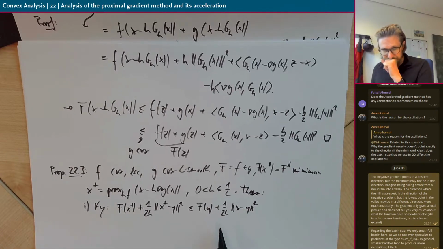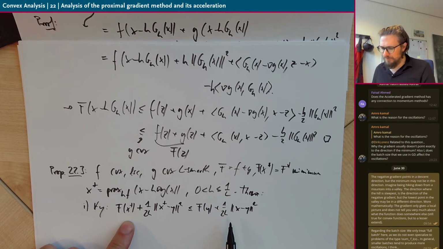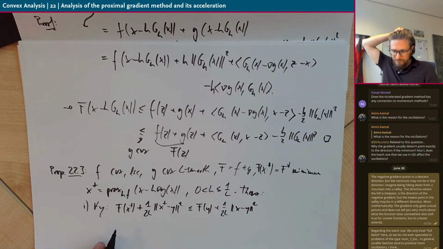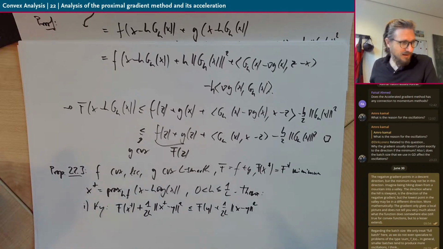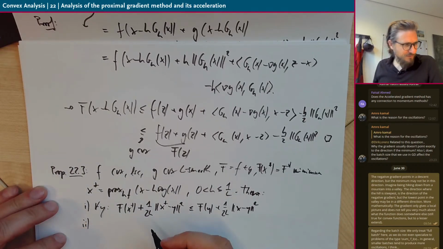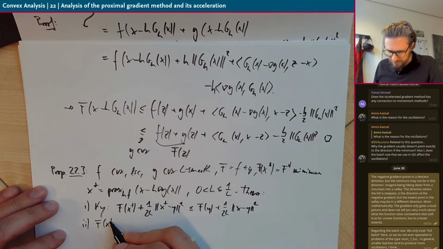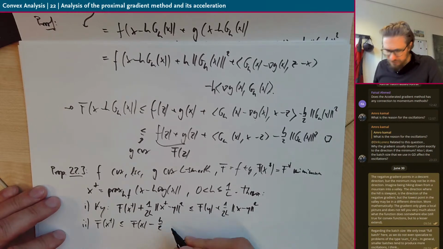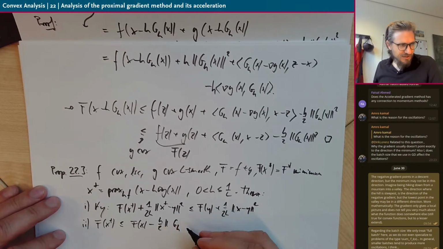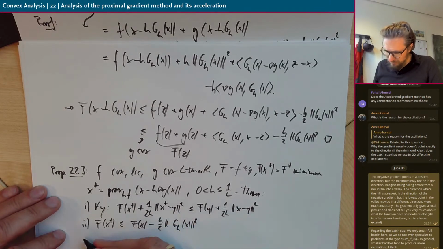And maybe this looks familiar. We had the exact same inequality for small f, just doing one gradient step for f. Now we have the same thing, but for the sum of f plus g as objective and for the prox step, so we can see that the proximal gradient method behaves almost similarly to the gradient method. A few more things which one can prove, which are more or less direct consequences. Second, F of x plus is smaller equal F of x minus h over 2 gh of x squared.